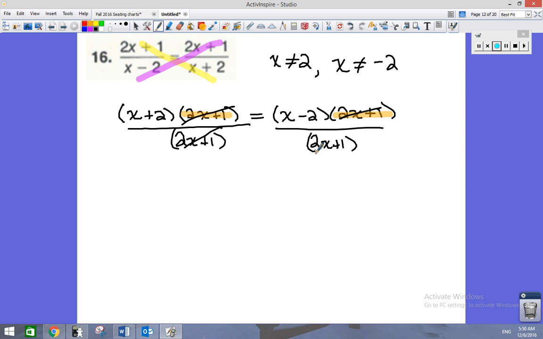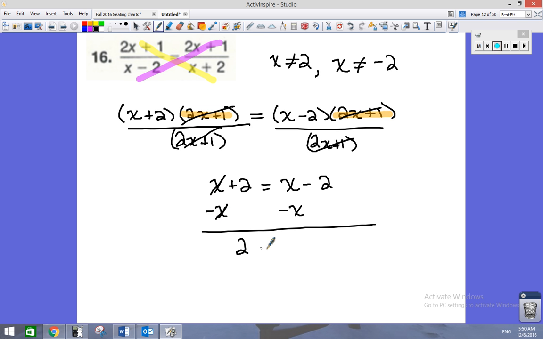These factors cancel. We're left with x plus 2 is equal to x minus 2. If we subtract x from both sides, the x's cancel. We get an equation that's nonsense, so there's no solution to this original proportion. That answer was number 16.